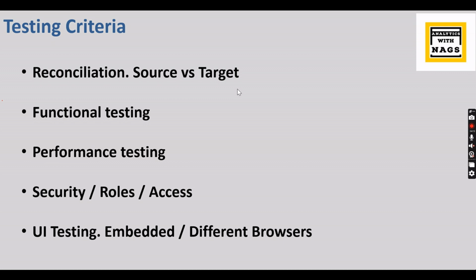Your report in the Power BI service looks fine, but when you embed it in SharePoint or some other portal, it will look slightly different. So you need to go to the target reporting user space and check that as well. You can also test different browsers, as reports may look slightly different or misalign in different browsers.